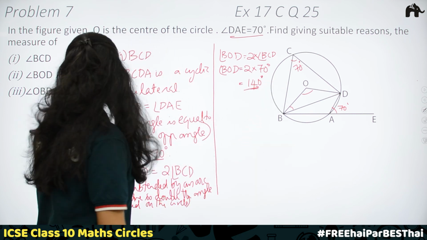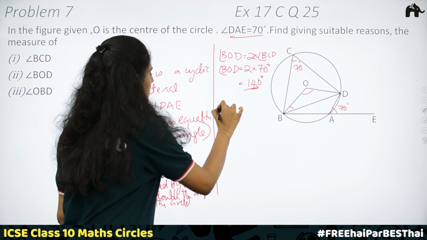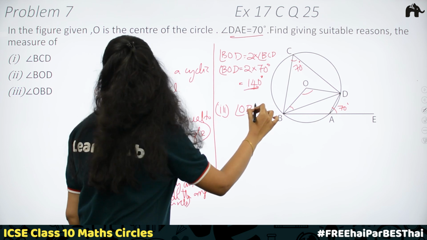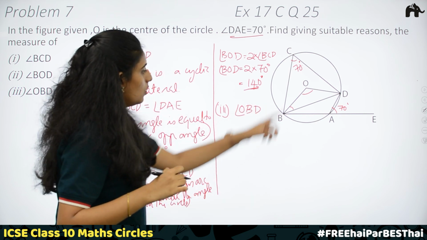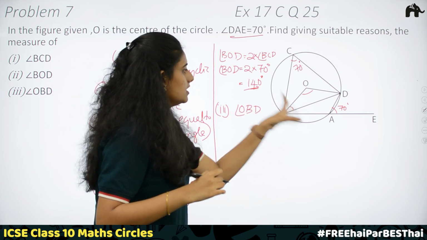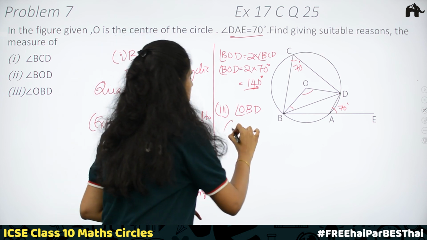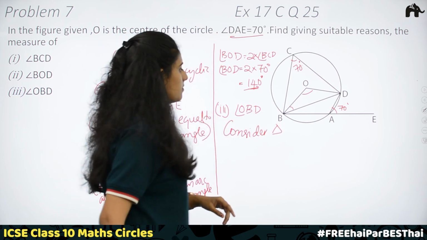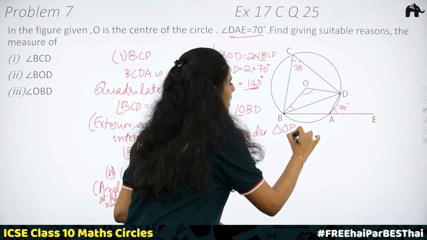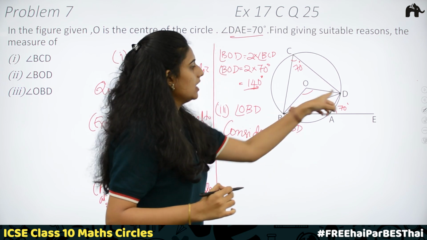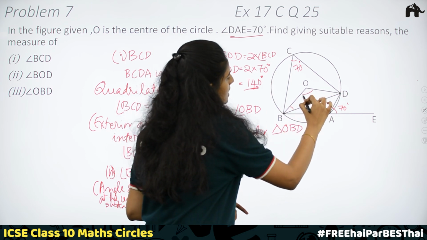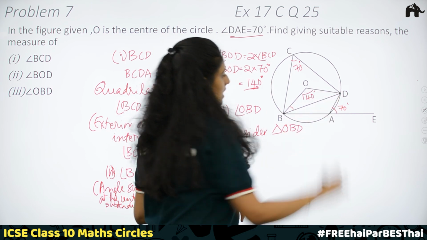Okay. Now the third one we have to find angle OBD. OBD. This angle. Okay. Now consider triangle OBD. When you consider the triangle OBD, we know the measure of angle BOD. BOD we have determined is 140 degrees.